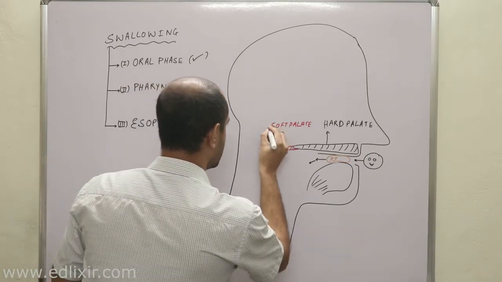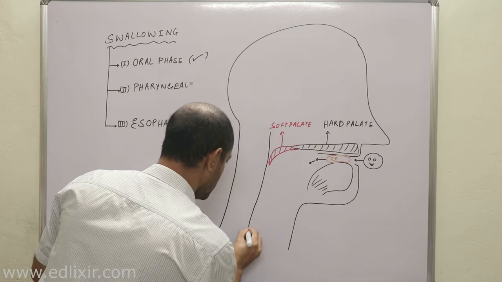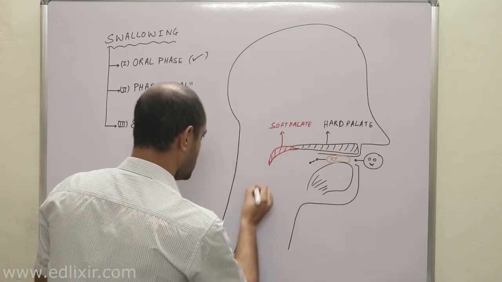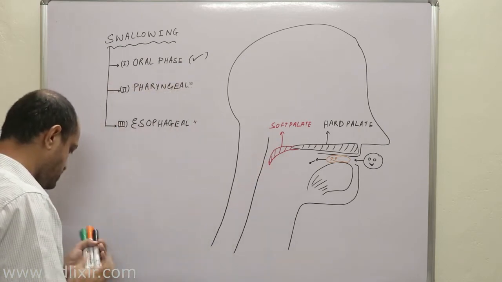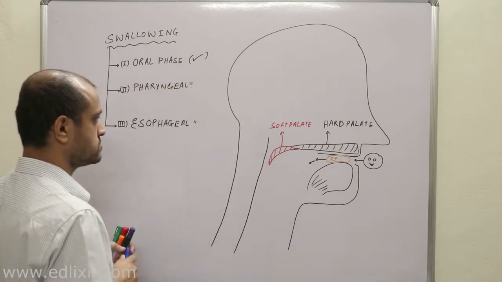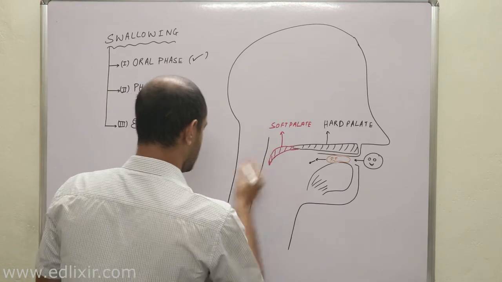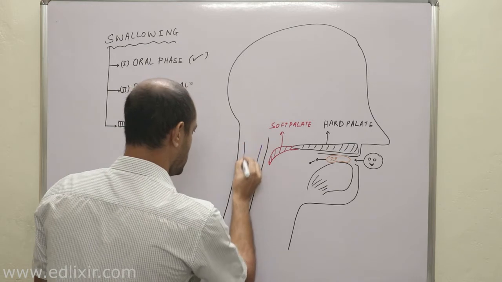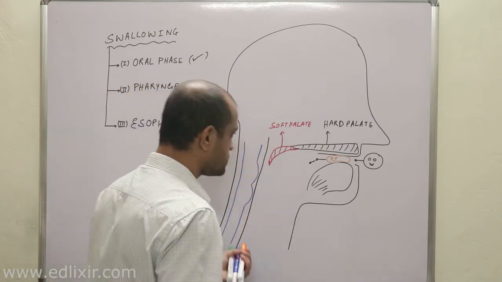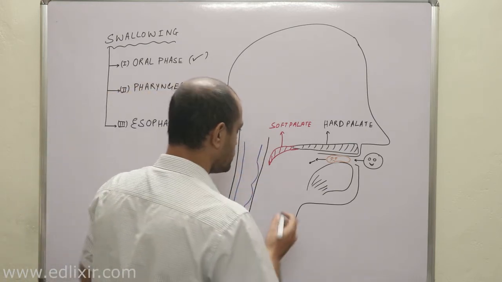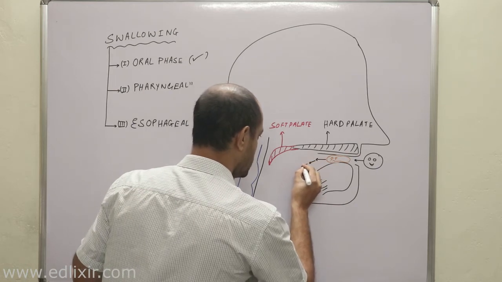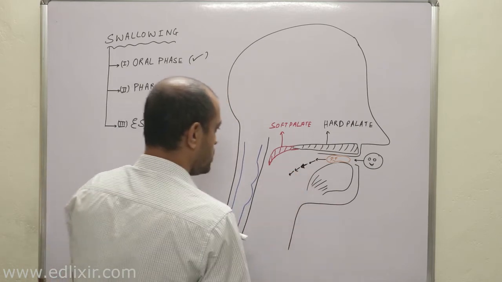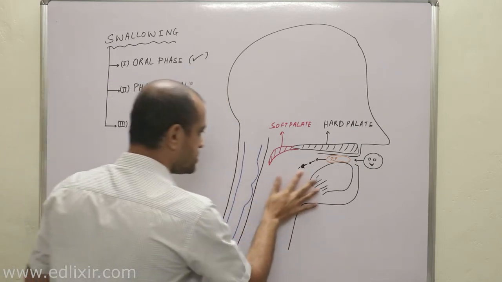Now listen with all your attention to what I am drawing. Now this food bolus is entering posteriorly. The food bolus is now entering the posterior aspects. Now listen, what is happening here is this.